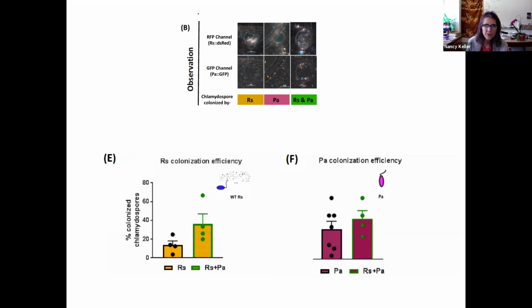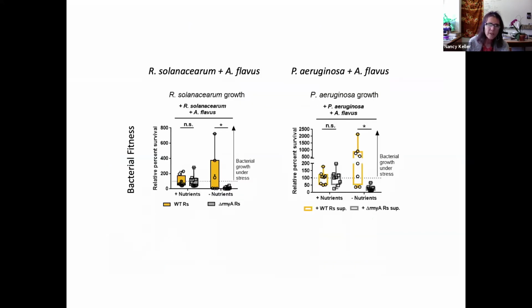The last thing she looked at is asked, does this colonization really give any advantage to the bacterium? We had a little hint earlier that it did, but she wanted to look at this a little bit further under controlled experimentation.